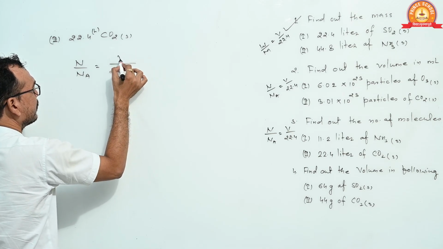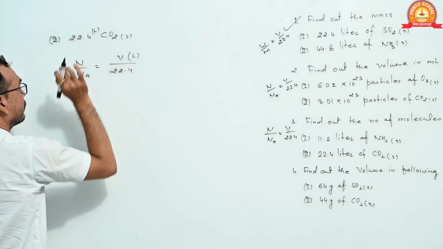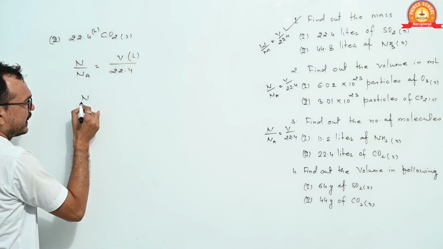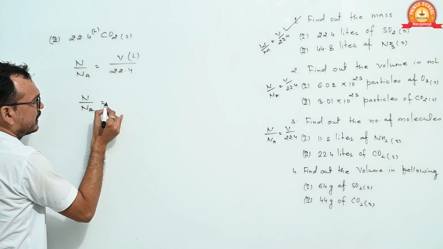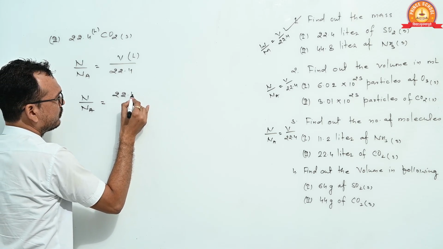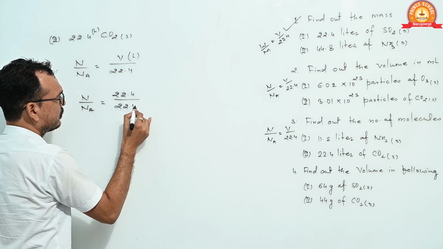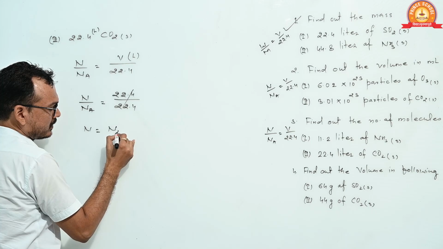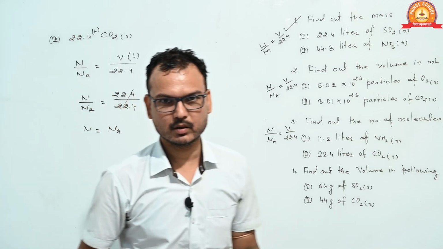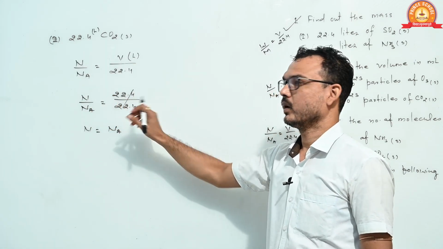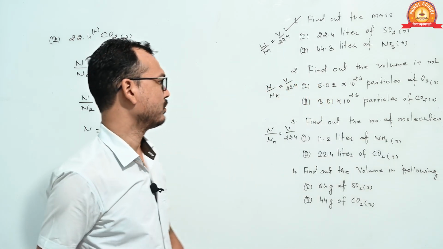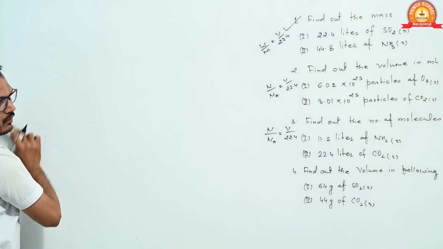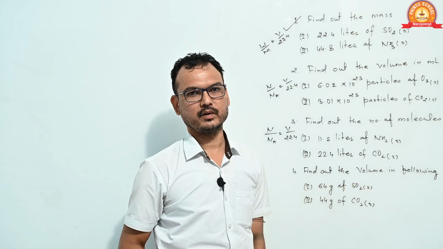This is the volume in liter. Volume is also given as 22.4. Then n upon Na is equal to 22.4 divided by 22.4. The number of particles is equal to the Avogadro number, because this gives 1 mole. Is that clear?